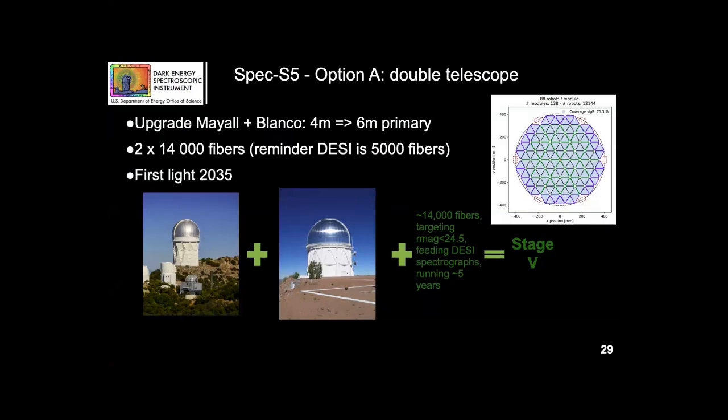So we could have, because there are 2 telescopes, 14,000 fibers, like 3 times what's on DESI, and you could also replace the mirror from a 4 meter mirror to a 6 meter mirror diameter, so you can have more collecting power. Then basically you can do similar to MUST, but of course you do that like 5 years later.